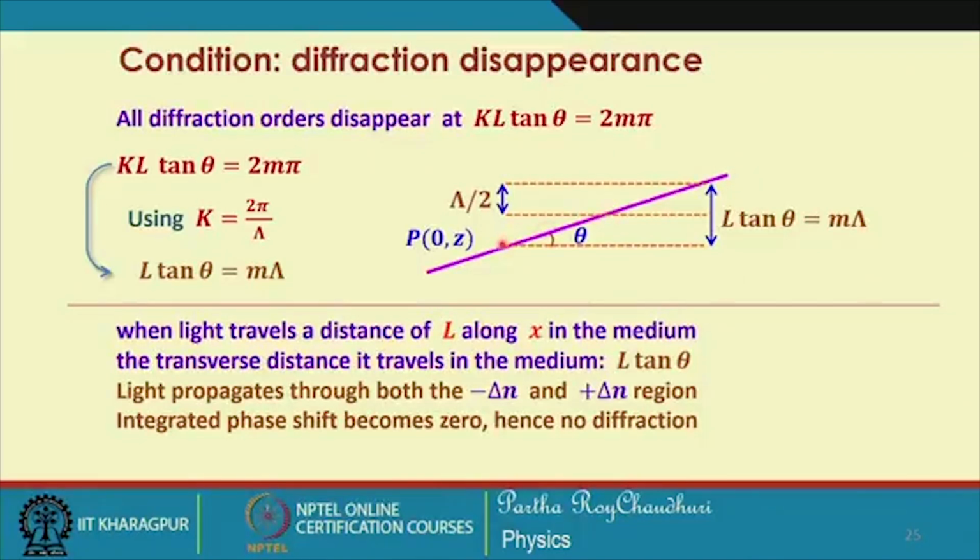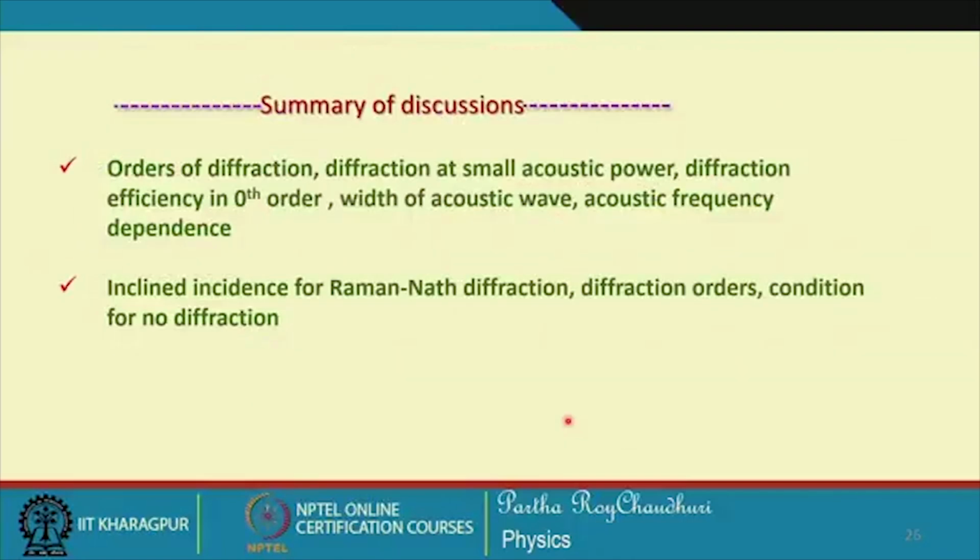So, it happens the same. So, the total cumulative effect of the phase is equal to 0, and as a result it sees no delta n related change in the phase in the medium, and therefore, there is no diffraction. So, the integrated phase shift becomes 0, hence no diffraction.